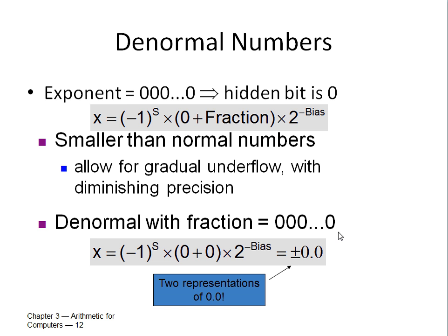If the fraction part is zero, this is where we get the value of zero. Now notice you've got 0 plus 0 times 2 to the minus bias that goes in, but this is 0, so that gives me the 0 area. But I have this sign, minus 1 to the sign, so I technically have plus or minus 0. So you'll often see in calculations plus or minus 0 that comes in.